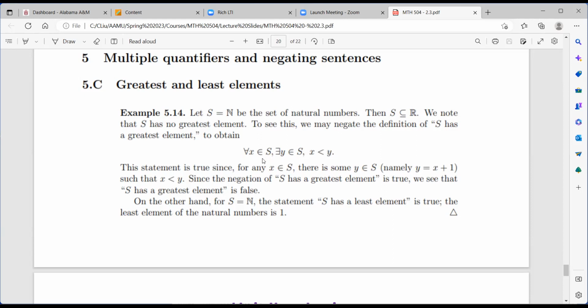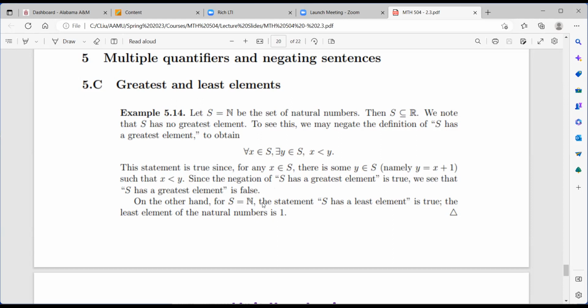So this statement is true, but this is the negation of the statement that S has the greatest element. The natural numbers has the greatest number. The negation of it is true. So the statement itself is false. So that means the natural numbers do not have a greatest element, but it does have the least element, that is 1.